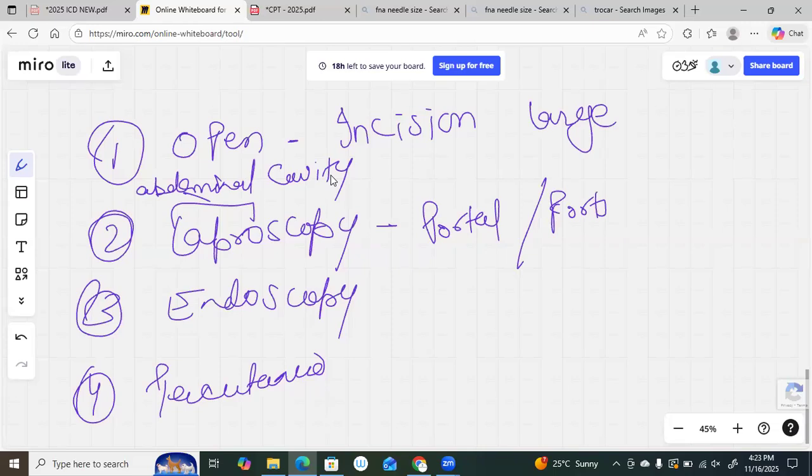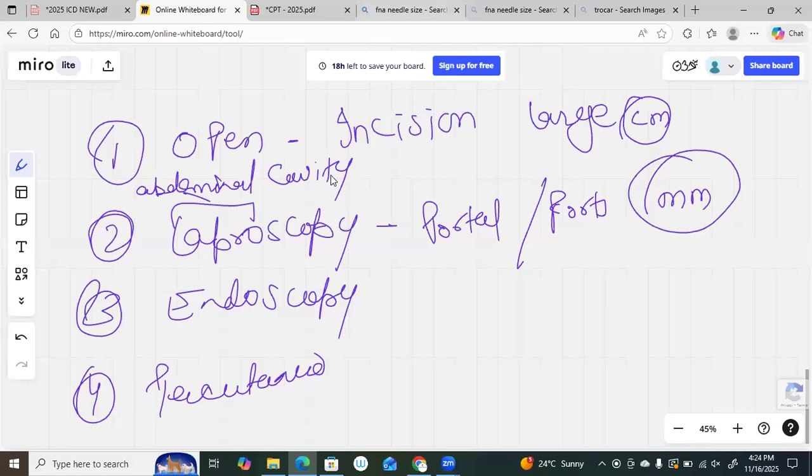In the laparoscopic approach, we have to mark the incision in mm. In the open approach, we have to mark the incision in cm. But in the laparoscopic approach, the incision is in mm.